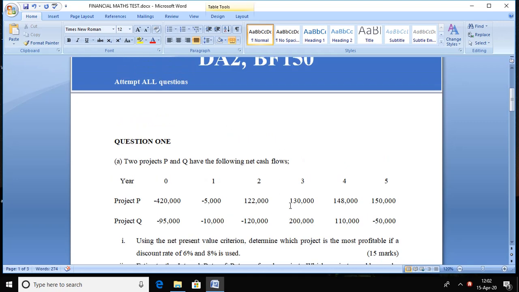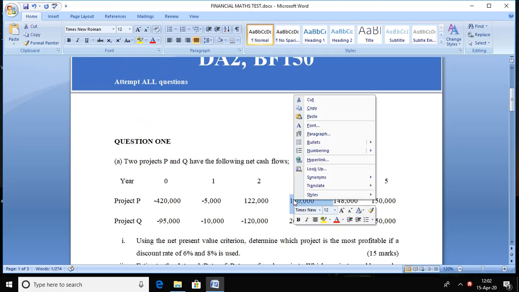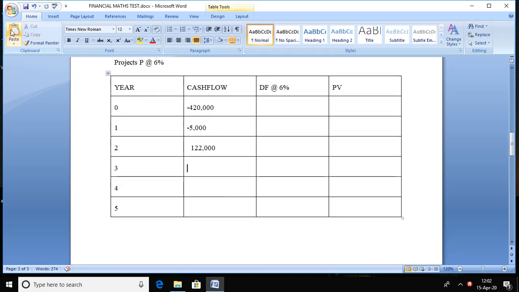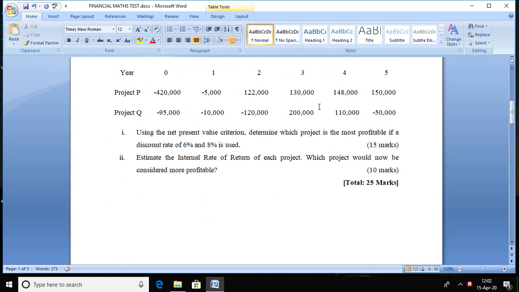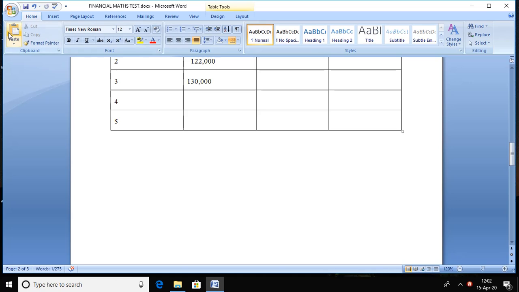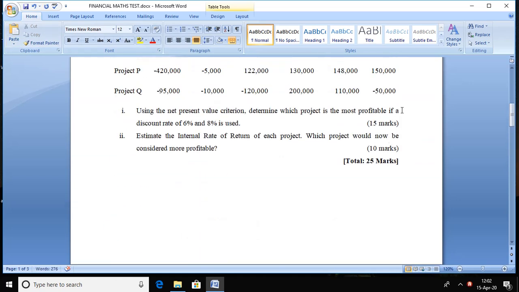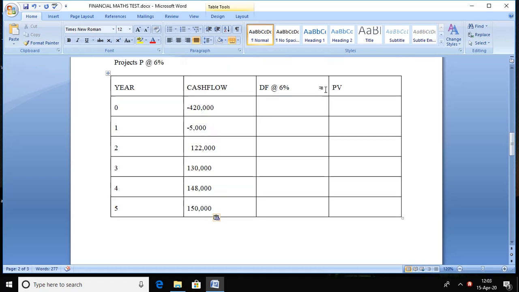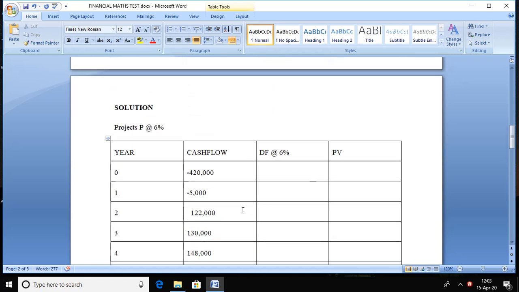For year 3, it's 130. For year 4, it's 148. Done. For year 5, it's 150. So easy.